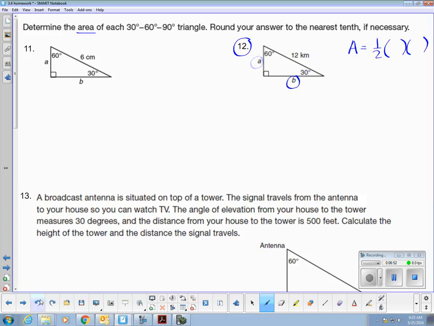But because it is a 30, 60, 90, and I know the relationship, I can simply find A and B. So right now I know the hypotenuse is 12. From the hypotenuse to the short leg, I'm going to divide by 2.